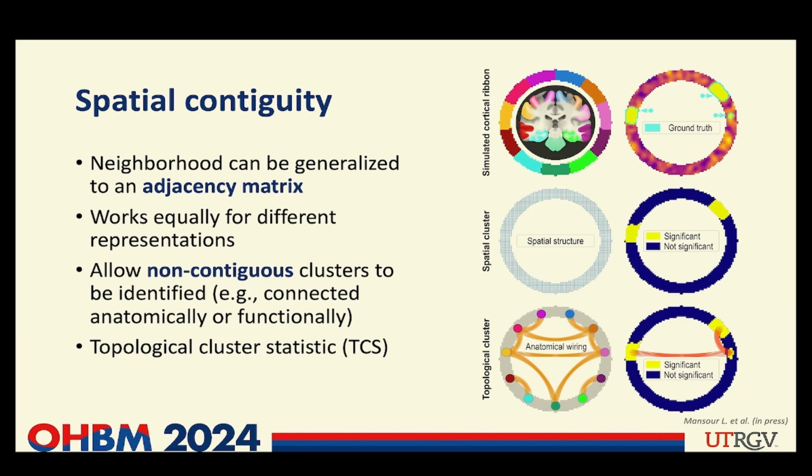So you can derive your adjacency matrix based on, let's say, how different parts of the brain are connected by tracts. And then you can use that to inform how your clusters are formed. And that gives you another way of establishing cluster-level inference that works with surfaces, voxels, or anything you may have. This is in a recent network neuroscience paper, by the way. It's going to appear soon.